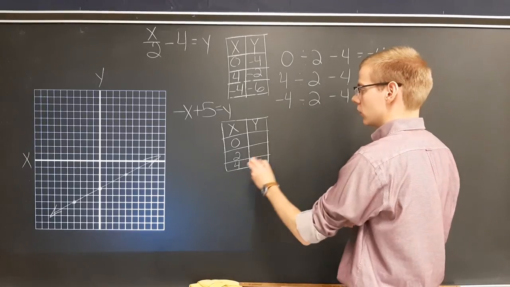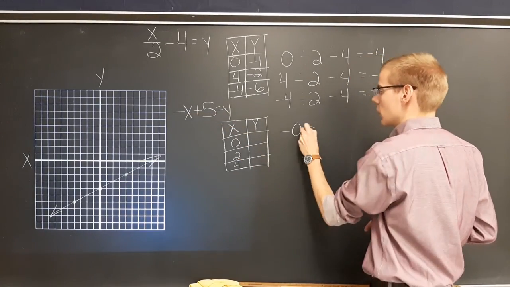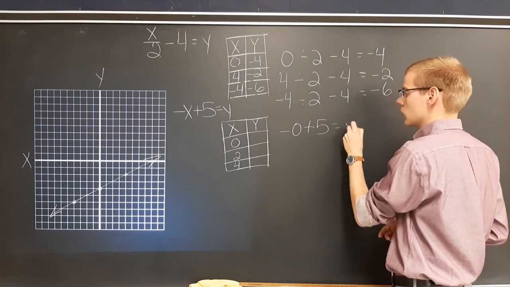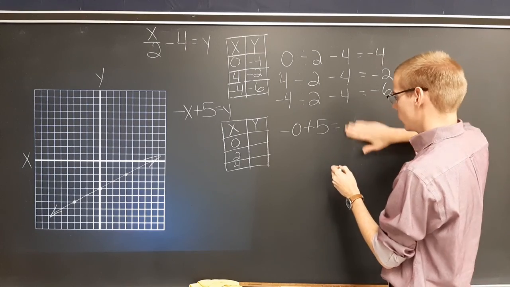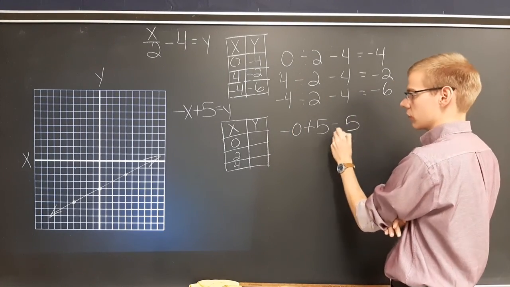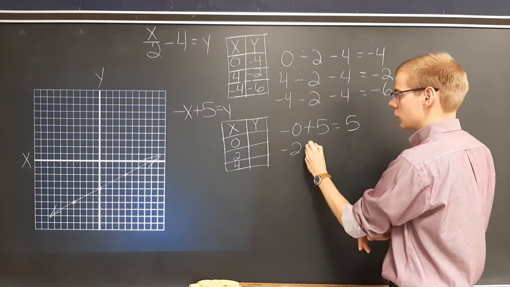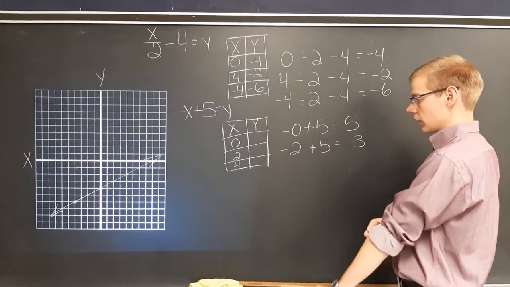Negative x, so negative 0, always keep that negative there, plus 5 equals y. So this would be negative 0 plus 5 equals 5. Negative 2 plus 5 equals 3.